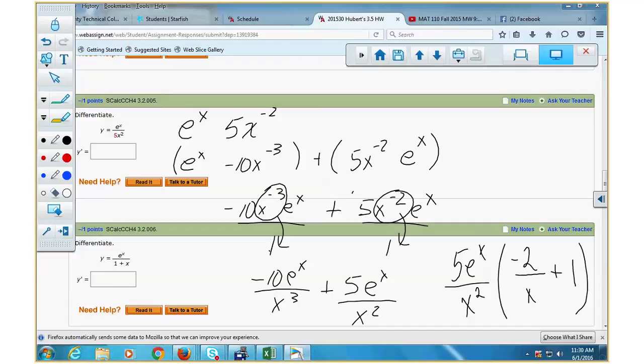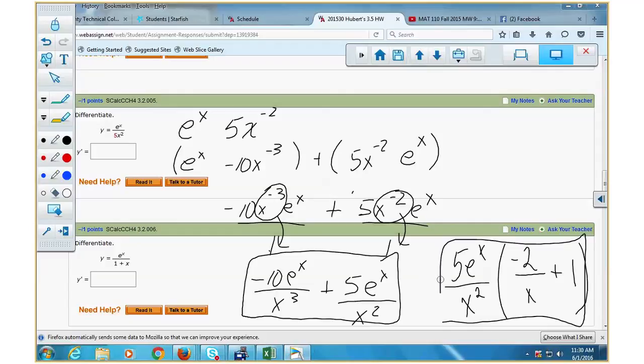So there's 2 possible answers. Now let's check it with the quotient rule and see what we come up with. Y'all write those 2 answers down. And let's check it with the quotient rule and see what we get.